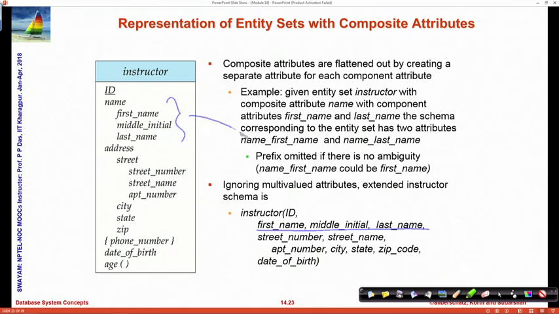Then we have street number, street name, apartment number flattened out from the street. Subsequently, we have city, state, zip flattened out from here. So, all of them have become separate attributes, and flattening is a very straightforward mechanism by which you can convert complex composite attributes into the regular schema design.